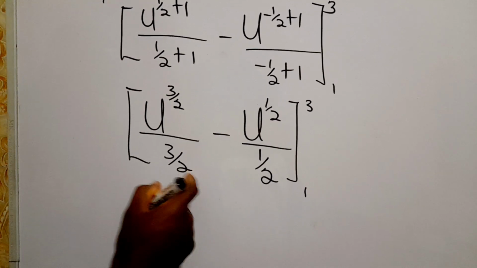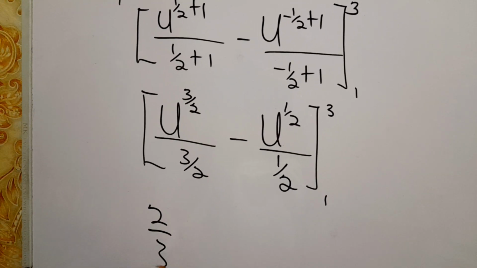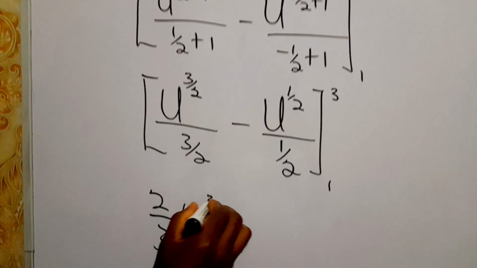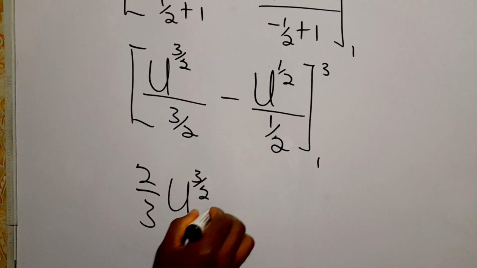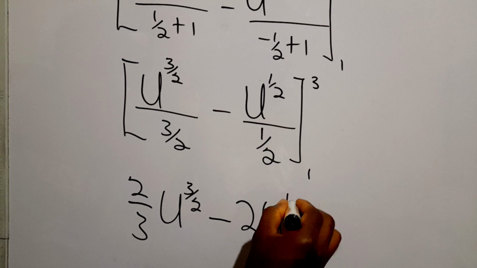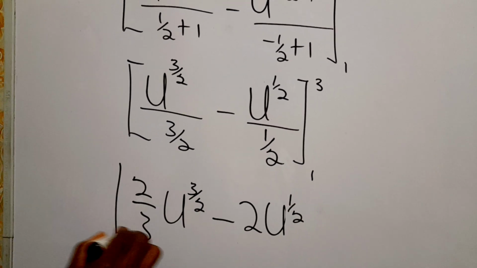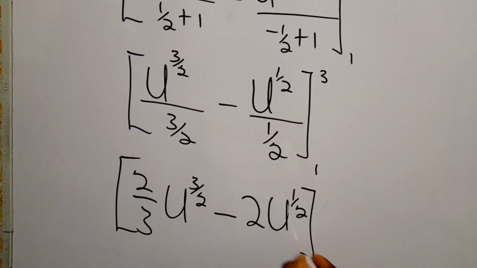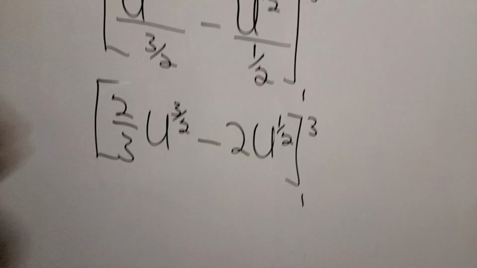So when we reciprocate this, we get 2 over 3 u exponent 3 over 2. Then the same to this, we get 2 u exponent half. Then we'll substitute from 1 to 3.